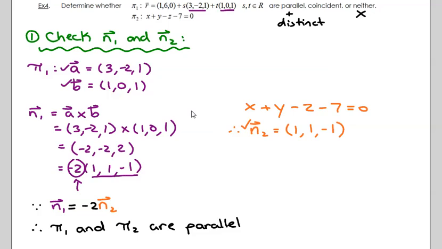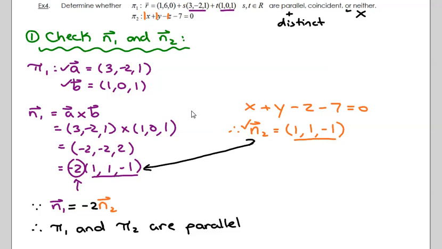It's not in the same form, but I can easily see each of the parts of the normal vector because they're the coefficients in front of that scalar form. So I get something like this. Now when I compare this guy and that guy, they're pretty much the same. And if they're the same, that means they're parallel.